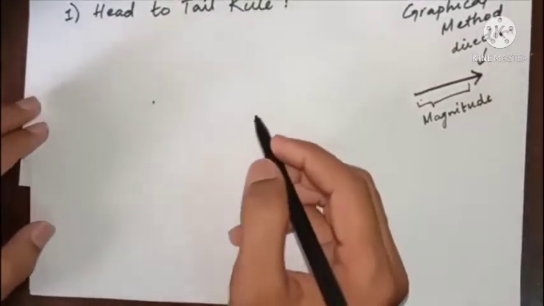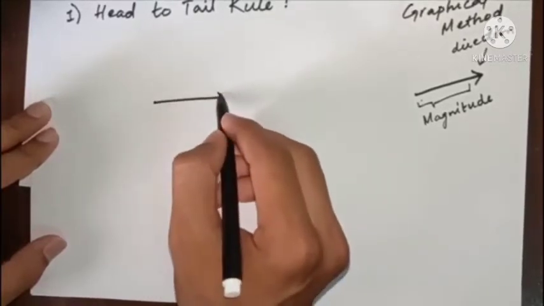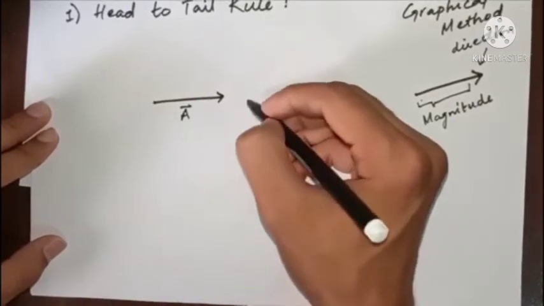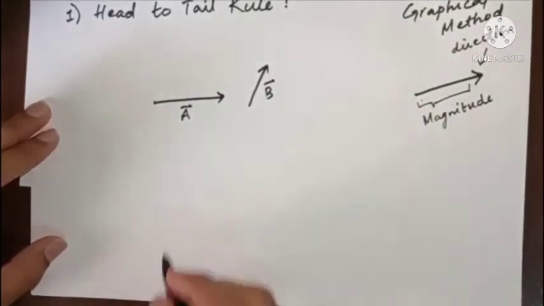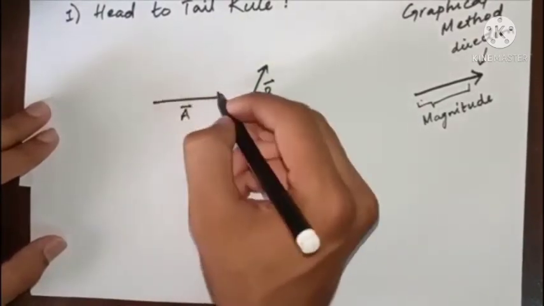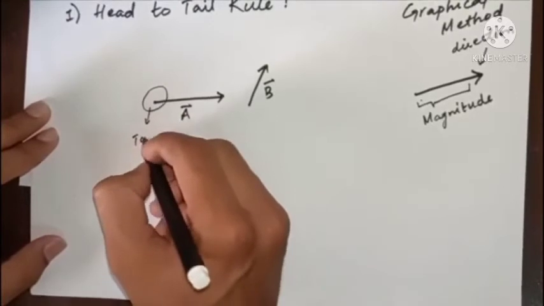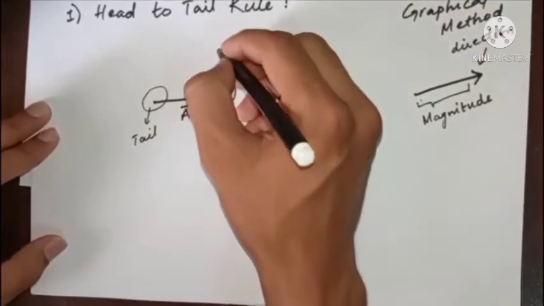In the head to tail rule, we consider two vectors, let's suppose vector A and vector B. The vector from where it starts is called the tail of the vector, and where it ends is called the head of the vector.